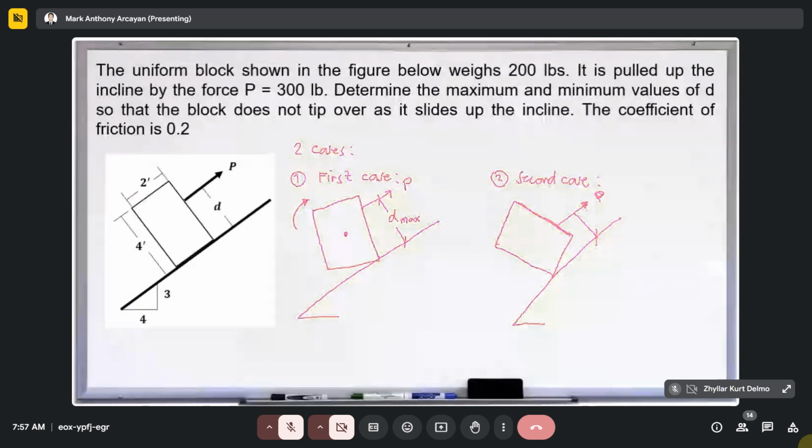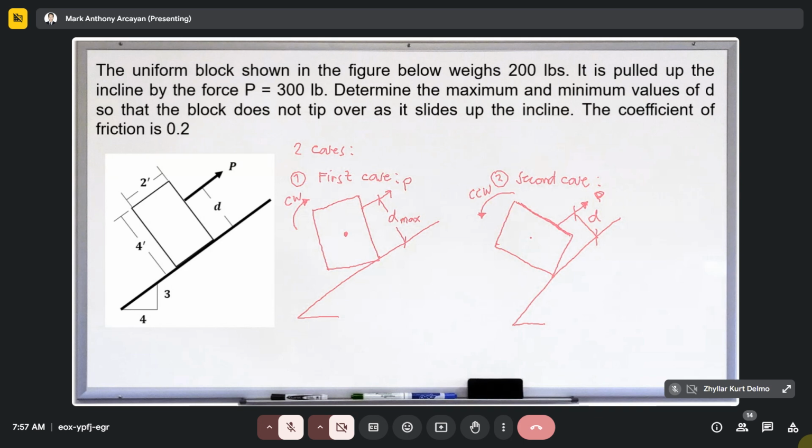With respect to the inclined surface, we do not have enough force that can support the block in an upright position, because P is very close to the inclined surface. And so, there is a tendency that it will overturn in a counterclockwise direction.